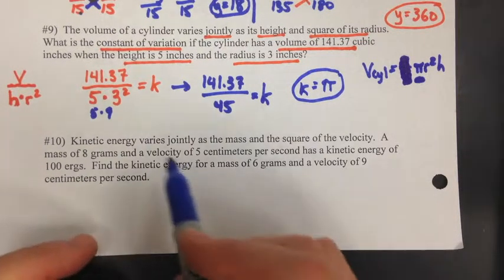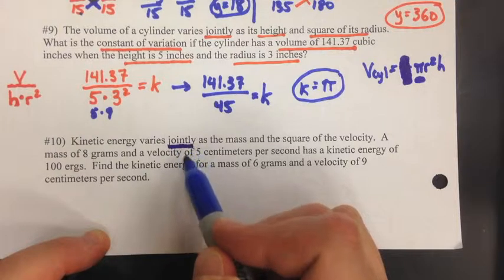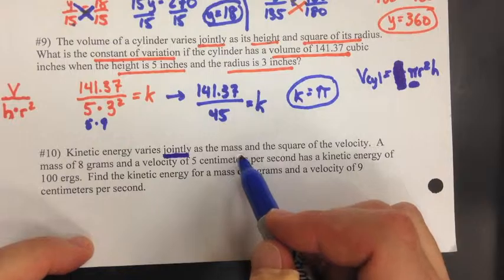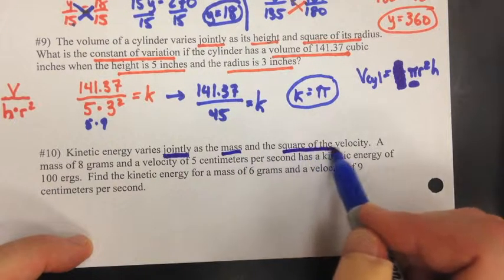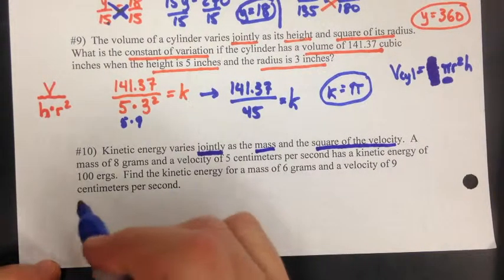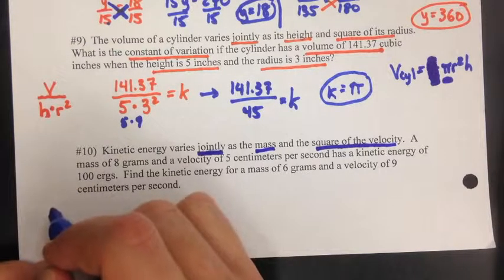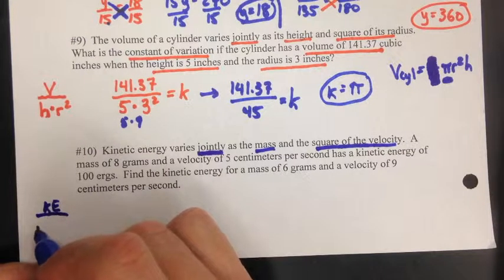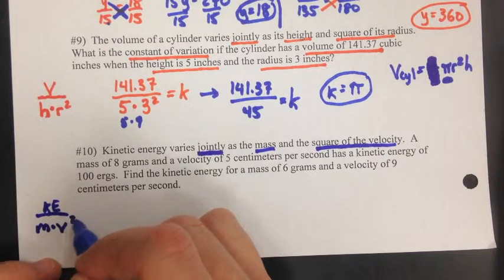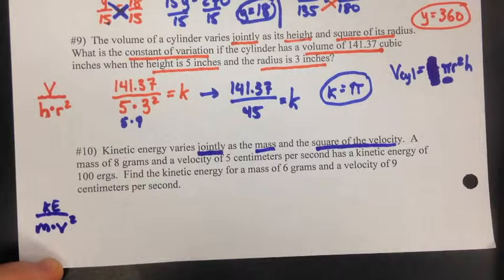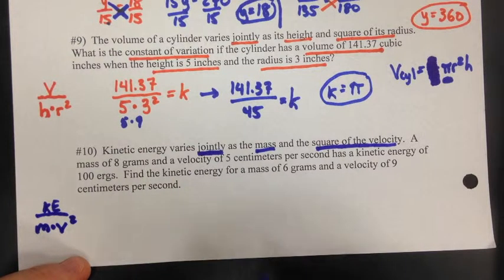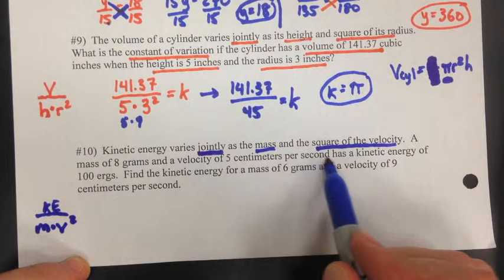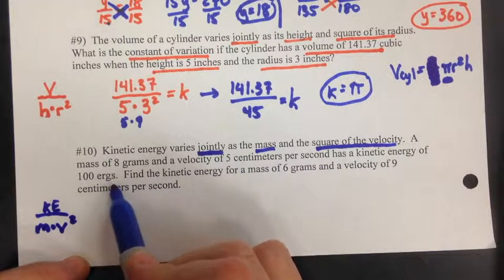All right, the last one, number 10. Kinetic energy varies jointly as the mass and the square of the velocity. So kinetic energy, I'll use a K, well, I don't want to use K. KE, kinetic energy, varies jointly as mass times velocity squared, the square of the velocity. That's how we're going to set it up. A mass of 8 grams and a velocity of 5 centimeters per second has a kinetic energy of 100 ergs.